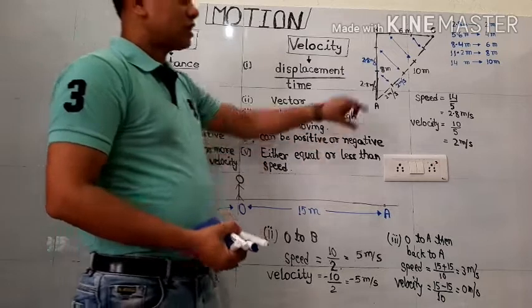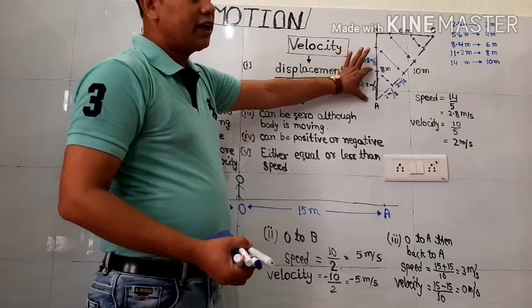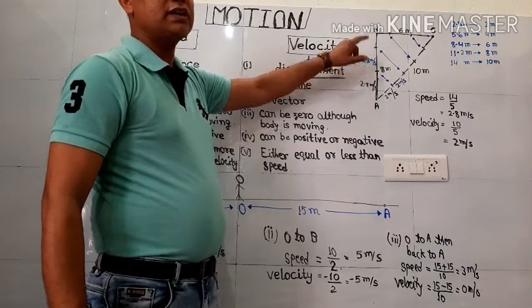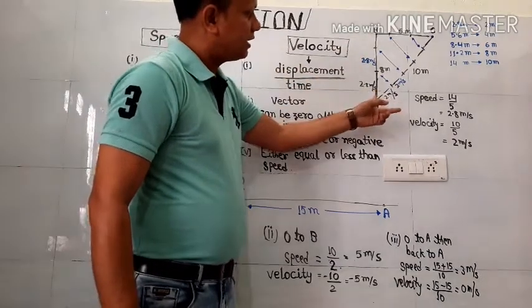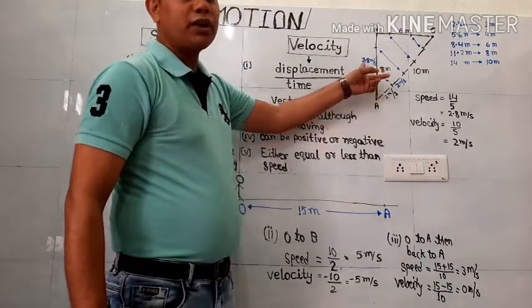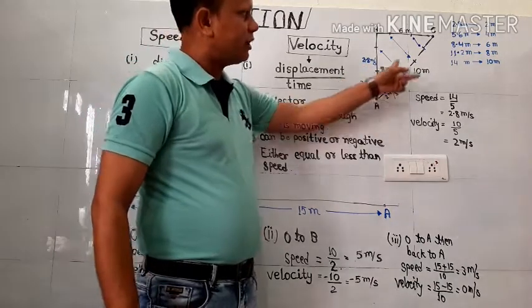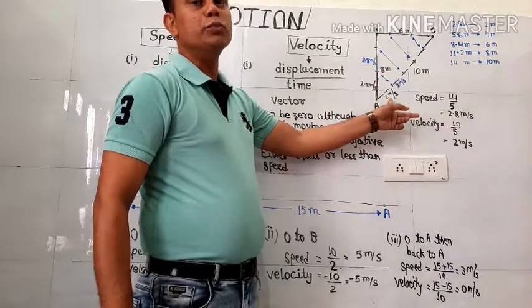Because 2.8 meters per second means in 1 second it travels 2.8 meters, and in the same time, while traveling directly from A to C, it covers 2 meters.